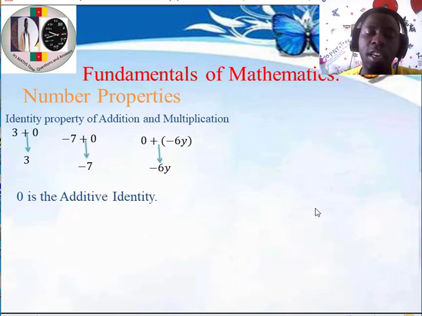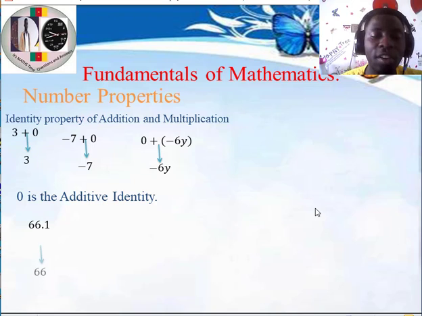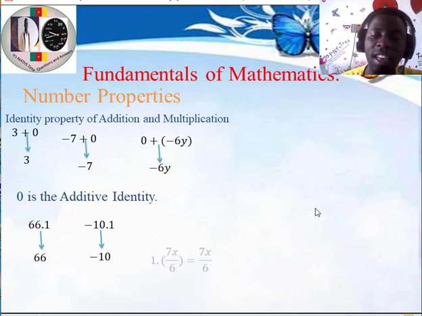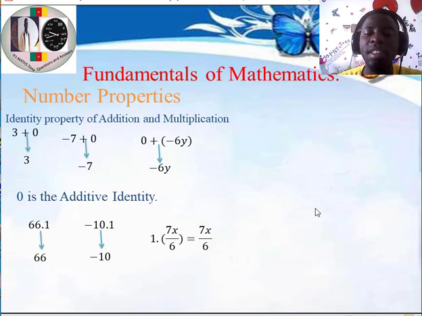What about multiplication? What number are we going to multiply with any other number that leaves that number unchanged? Let's see examples like 66 times 1. What is it going to give us? It's going to give us 66. What about minus 10 times 1? It's going to give us minus 10. Let's look at another example with a variable. Let's say 1 times 7x on 6 is still going to give us 7x on 6.